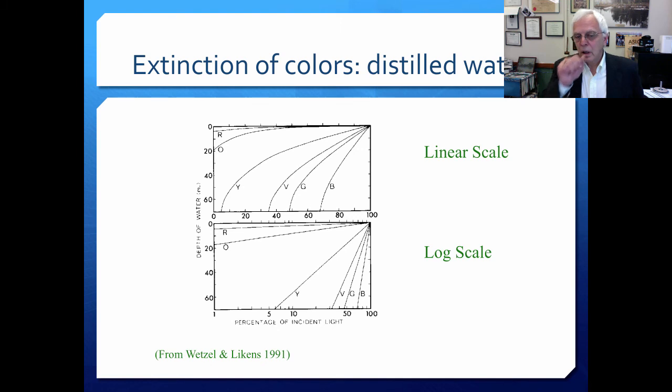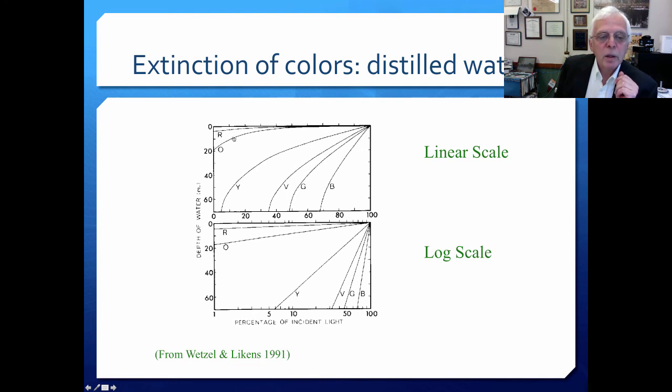Here's the extinction of various colors of light in distilled water on both a linear and a logarithmic scale. What you'll notice is that red disappears much more rapidly from the water column.